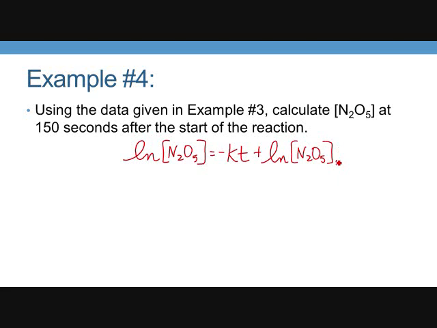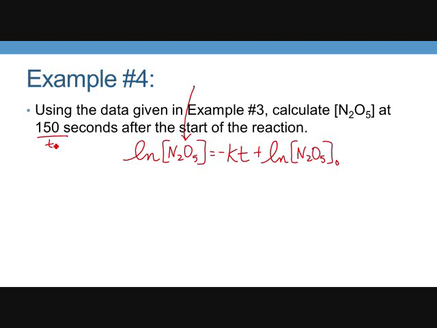What's that concentration? Okay, so now we're going to solve for the concentration here, plugging in 150 seconds for t, and we just solved for k from example 3, and we can look at the table to find the initial concentration of the N2O5.